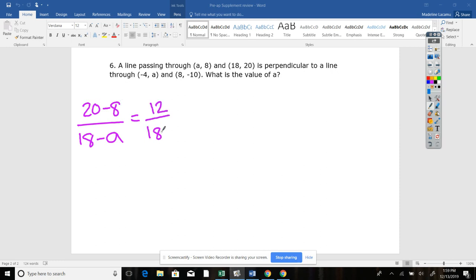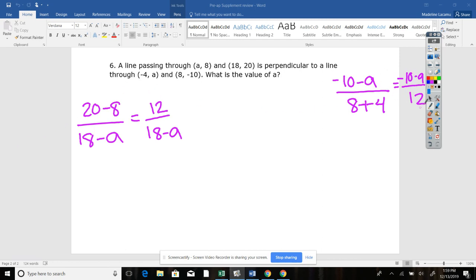And then 18 minus a, we don't know what that is. But it's going to be perpendicular to a line through this. So a normal slope here would be negative 10 minus a over 8 minus negative 4. So this is going to become negative 10 minus a will stay the same. 8 minus negative 4 becomes plus.